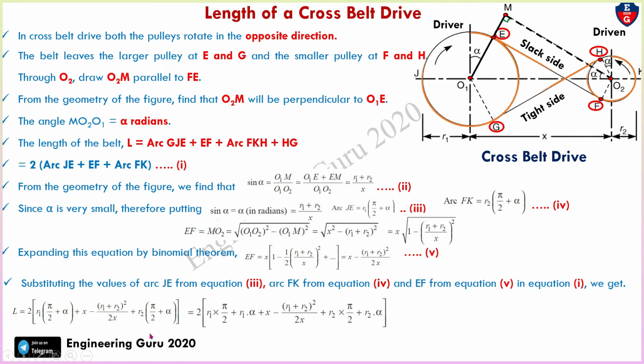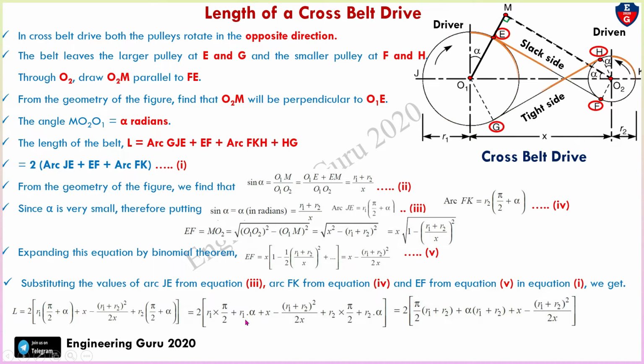Now simplifications. Open this bracket: 2 r1 into pi by 2 plus r1 into alpha, x minus (r1 plus r2) whole square divided by 2x. Open this bracket: r2 into pi by 2 plus r2 into alpha. Now gather these terms: r1 pi by 2 and r2 pi by 2, take pi by 2 common. So we can simply write 2 into bracket pi by 2 common, (r1 plus r2).